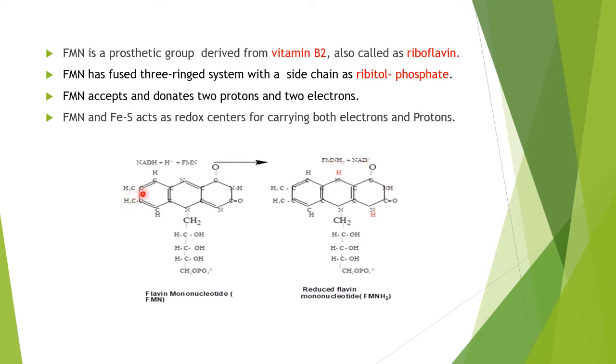That means it has such a chemical structure that it will accept 2 protons as well as 2 electrons. So FMN and iron sulfur act as redox centers in the first complex, the NADH dehydrogenase complex, for carrying both electrons and protons. This is how FMN is reduced to FMNH2.